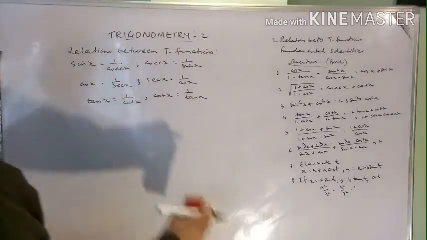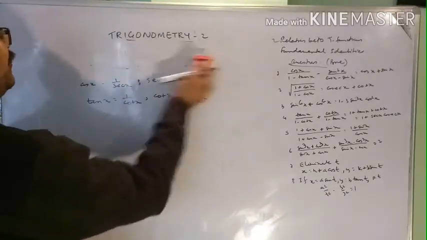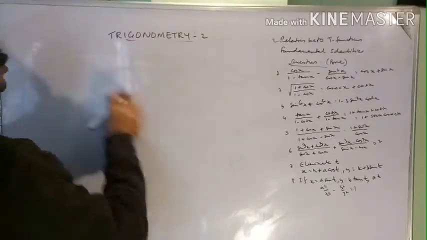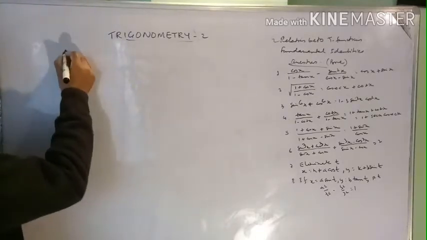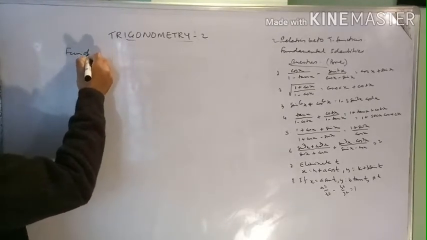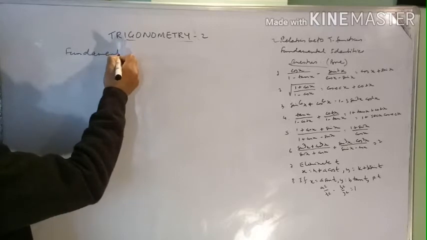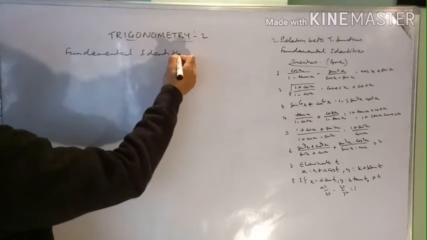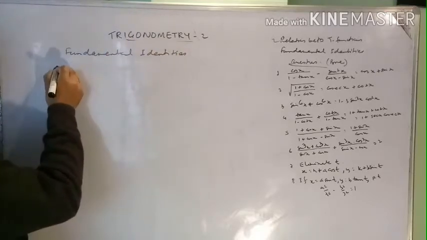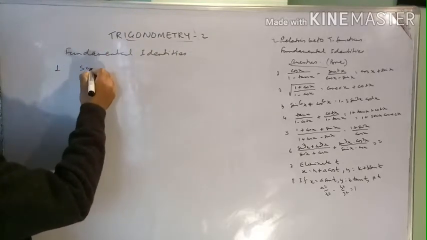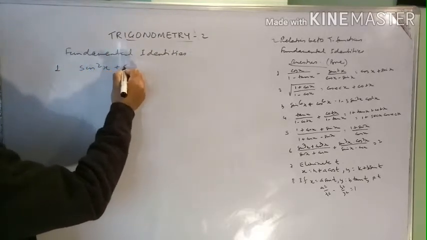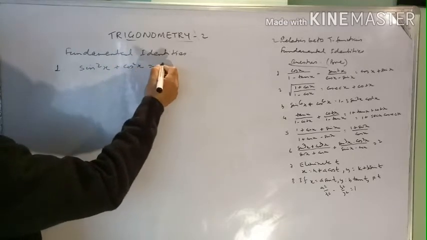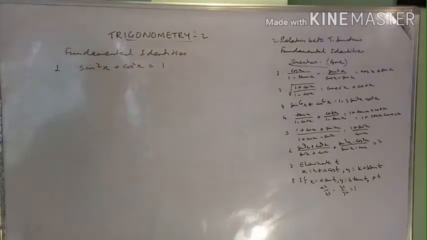Now we take the fundamental identities, very, very important fundamental identities. Now you know this identity is sin square x plus cos square x is equal to 1.